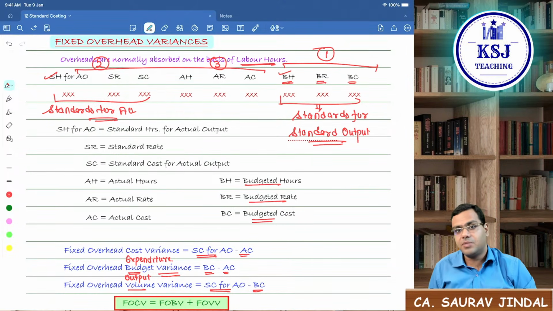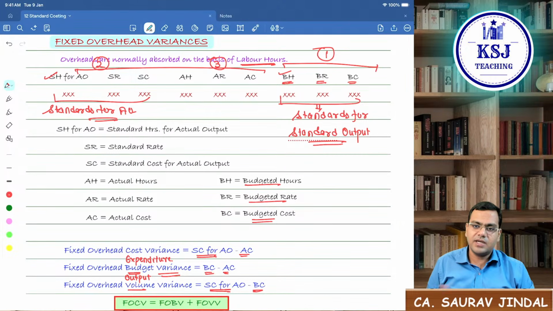That will be 100% preparation for your paper 8. That's what our CMA students are following: the YouTube playlist plus the revision playlist.